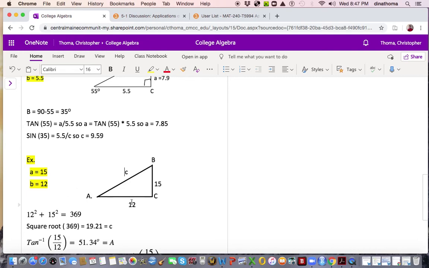A squared, 15 squared, plus B squared, 12 squared. So 12 squared plus 15 squared equals 369, and then we take the square root of 369 and we get 19.21. So C equals, again, since these are whole numbers, we'll round to the nearest whole number, so 19 equals C.